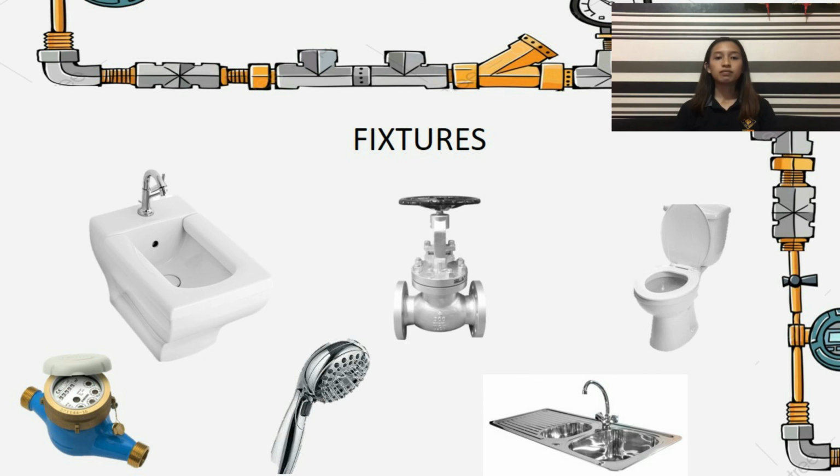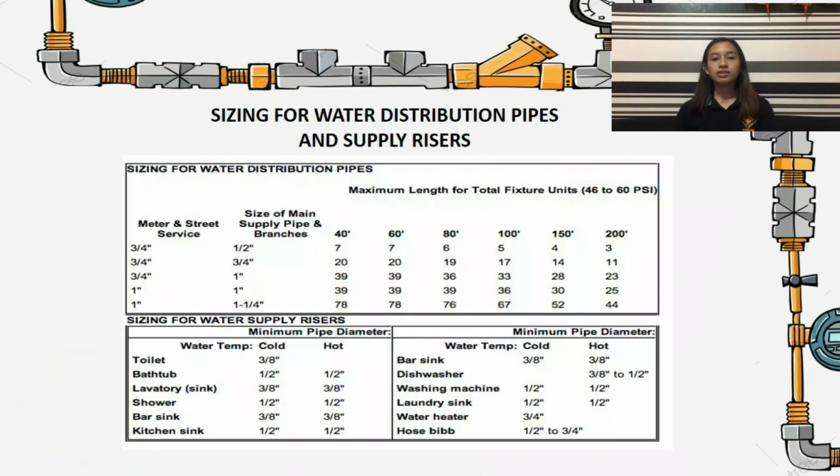So these are some of the examples of fixtures: the water closet, bidet, shower, sink, and faucet. This is the typical pipe sizing for the fixtures and the plumbing fixtures and appliances.